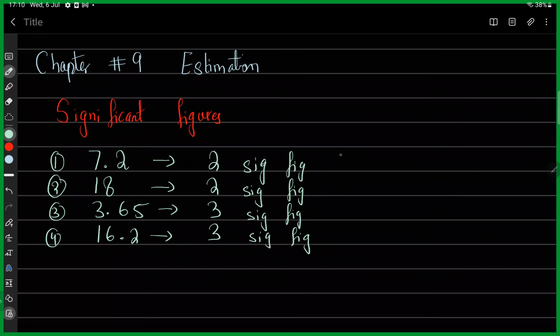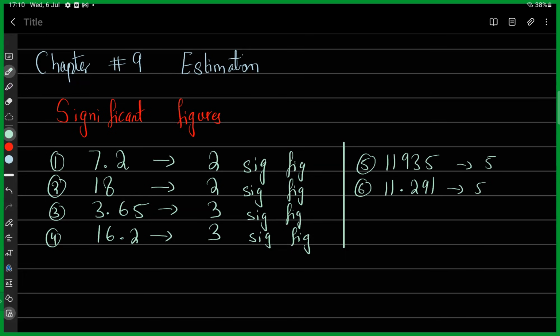Okay. And then obviously we can talk about a lot of examples. If I have a number of this type, 11935, now we have five significant figures. If I say the number is 11.291, again we have 5. So you can see that the decimal is not making any difference.